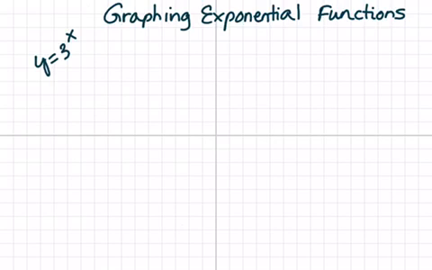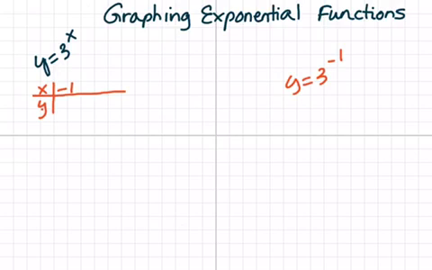All right, so let's say that I have an equation that says y equals 3 to the x power, and I want to graph that. Before I graph it, I'm going to make a quick xy table. Let's say when x is -1, y equals 3 to the -1.